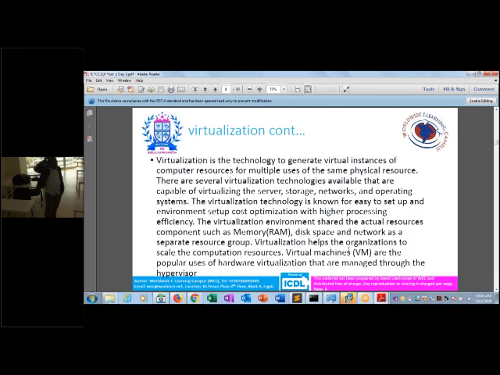So we have the same physical resource and we create multiple instances from it, and those virtual instances emulate the tasks that could be done by the physical resource. There are several virtualization technologies available that are capable of virtualizing the server, storage, networks, and operating systems.